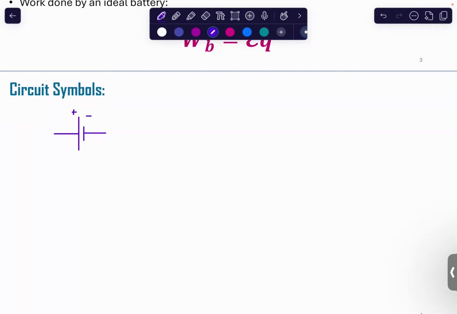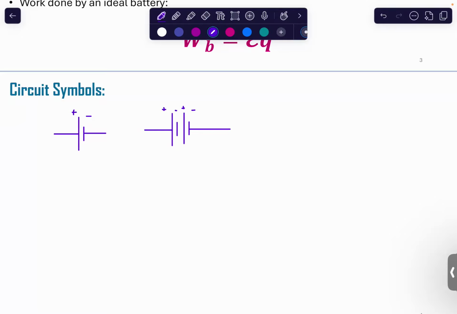You could draw all your batteries this way. Technically, this is the single cell battery. Batteries can be any number of these. Sometimes you'll see a textbook do this, and you could do more than that, because this is a double cell battery. These are your battery symbols.